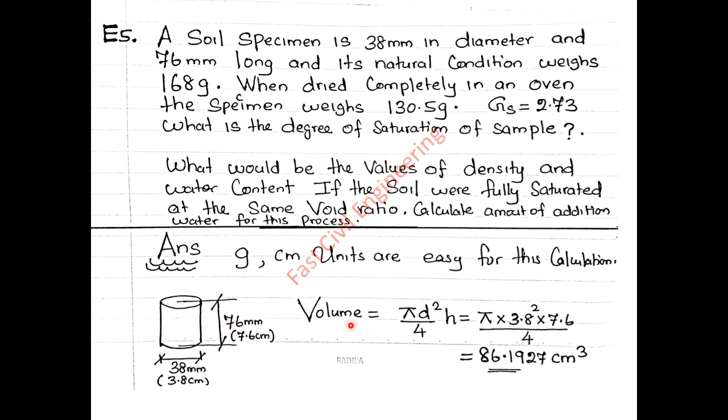This is a cylindrical specimen. The volume is equal to pi r squared h, or pi d squared over 4 into h. We substitute the diameter in centimeter and the height in centimeter. This is the volume of the cylindrical specimen.